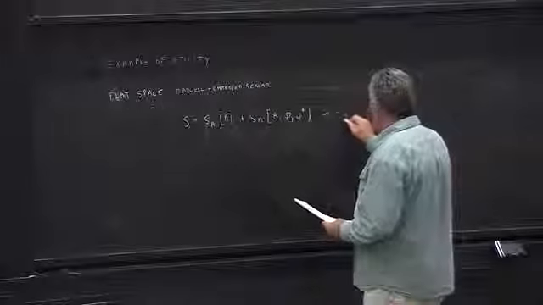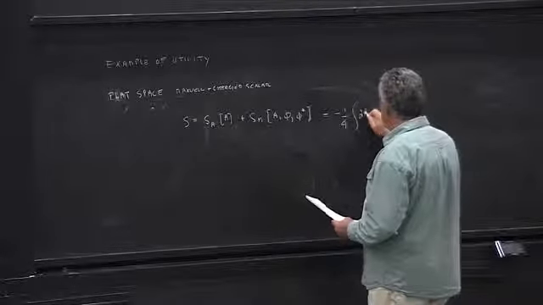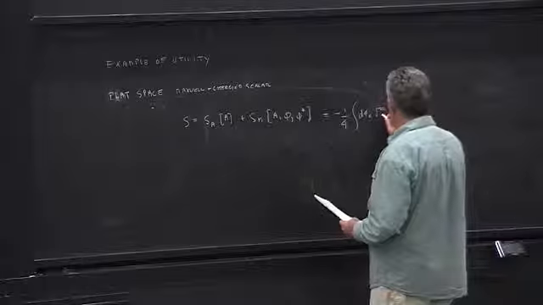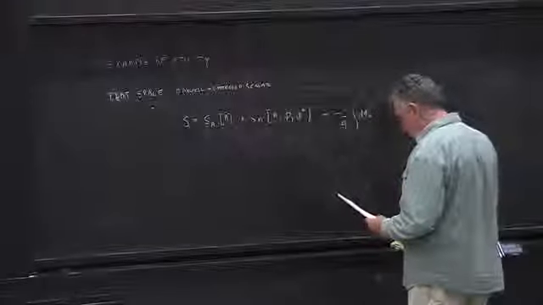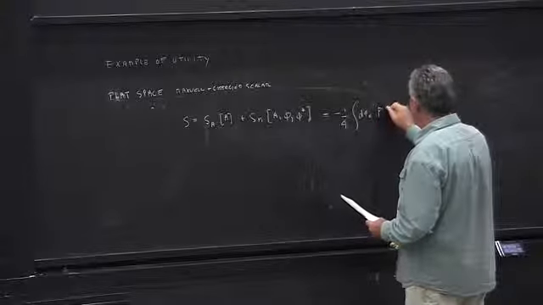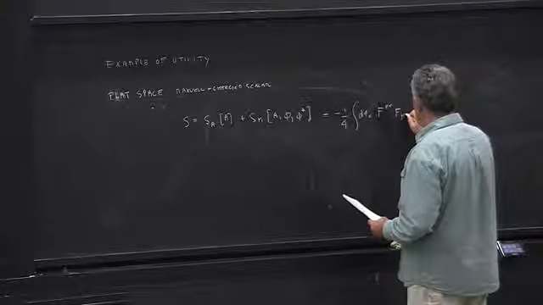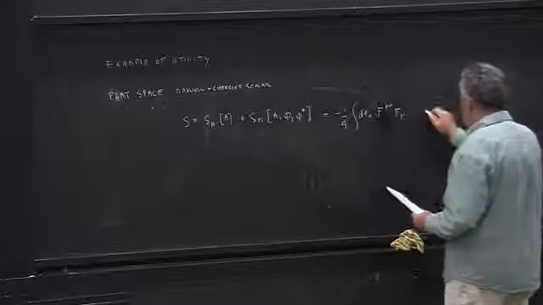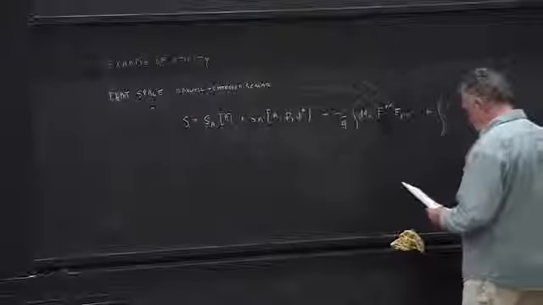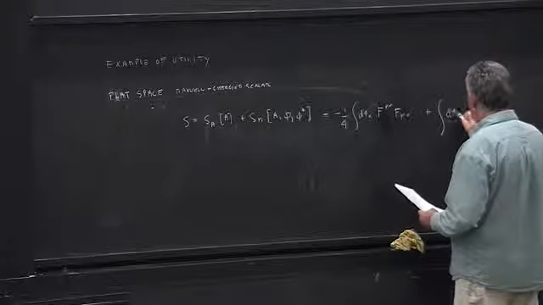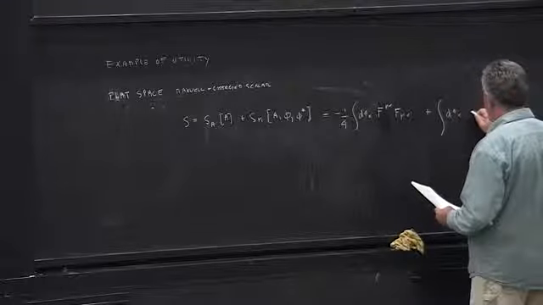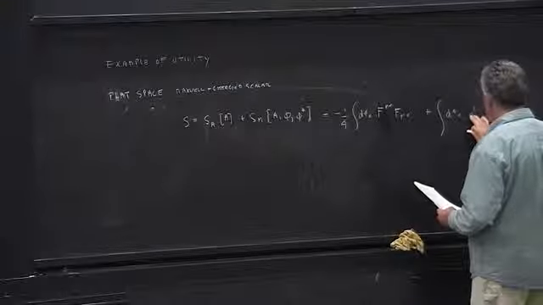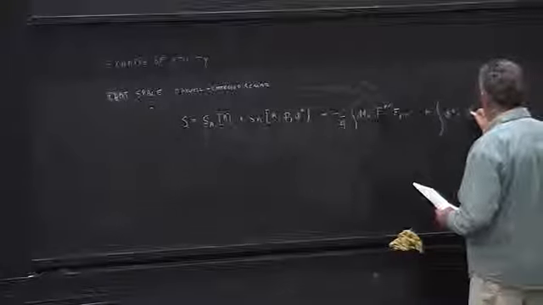The Maxwell Lagrangian is the usual one, and we're in flat space, so we don't need the root minus g. And the charged scalar, because it's charged, there's no factor of a half.